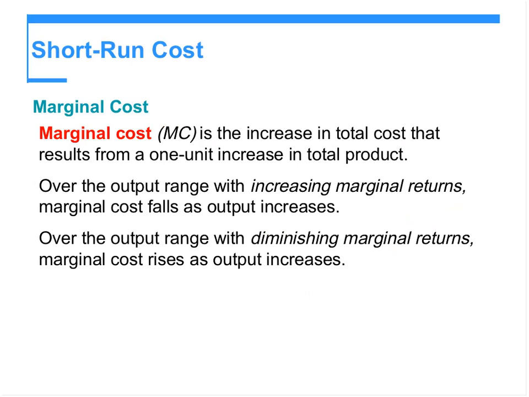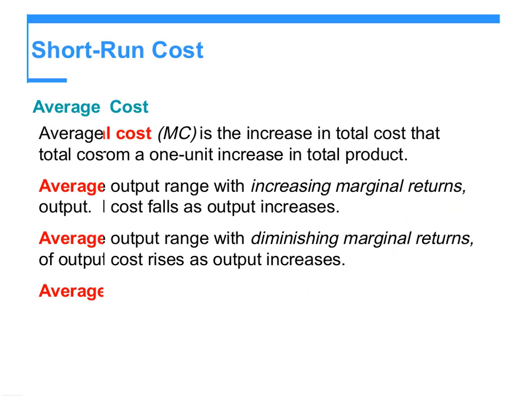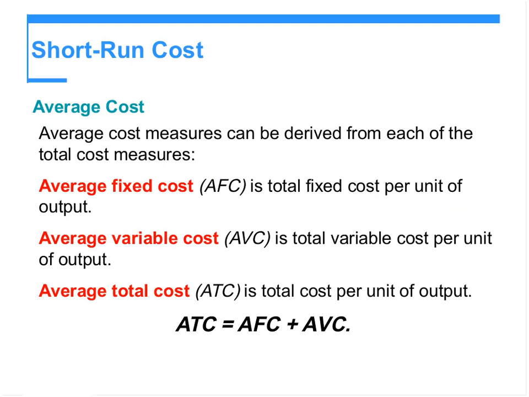Over the output range with increasing marginal returns, marginal cost falls as output increases. And over the output range with diminishing marginal returns, marginal cost rises as output increases. So that is key.